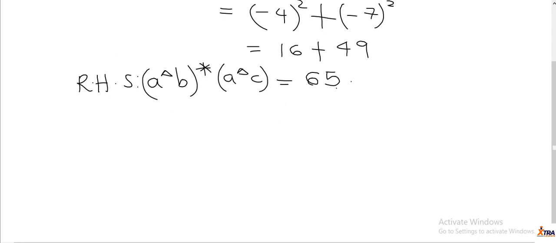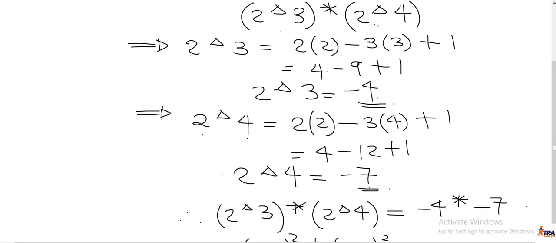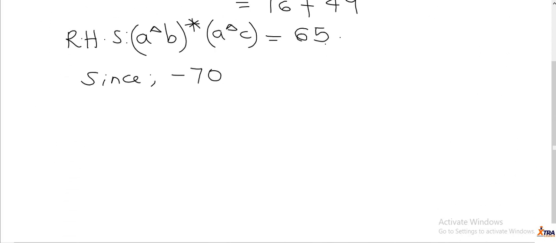So you can see, since minus 70 is not equal to 65, that is, the left hand side is not equal to the right hand side.